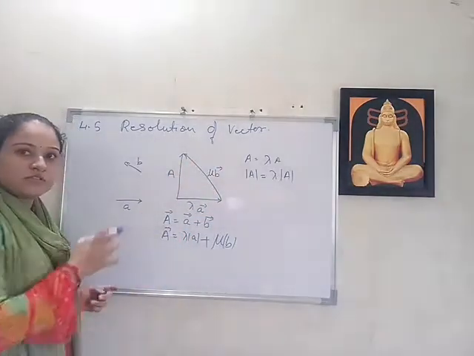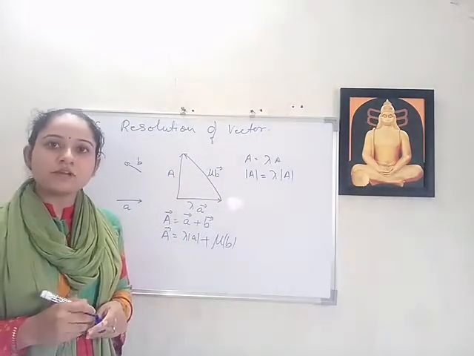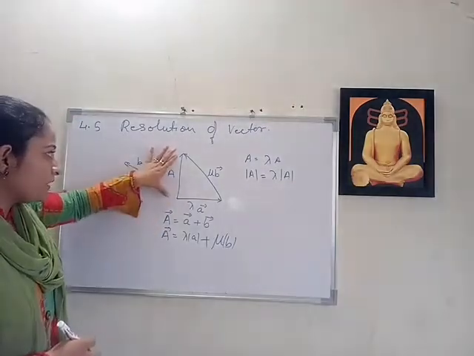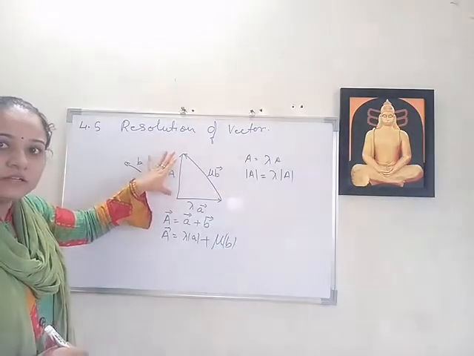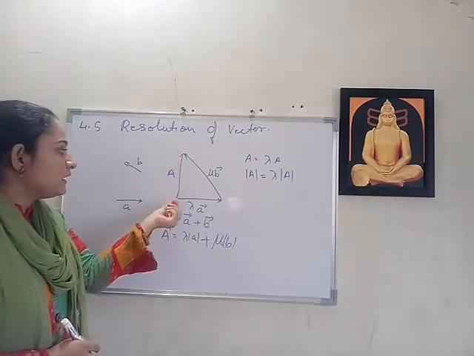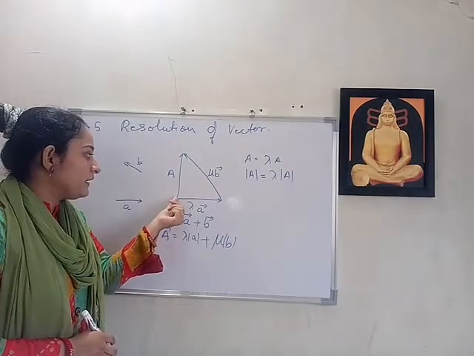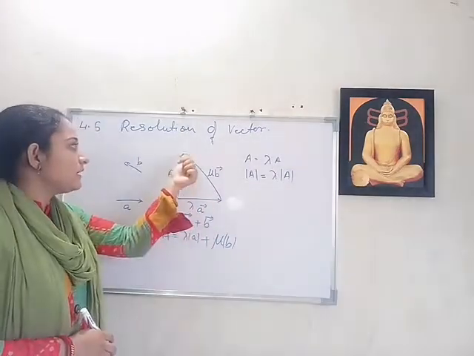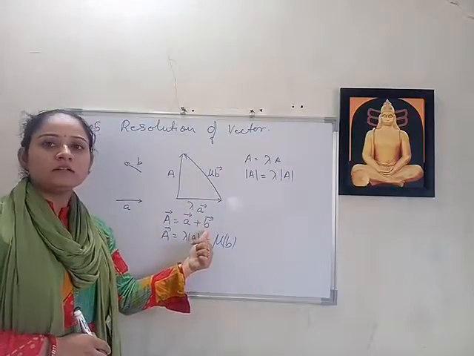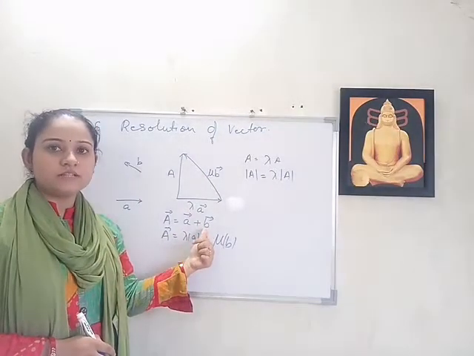Here, when we draw parallel to this A and multiply it with a real number, you have studied in the graphical method that when we need one resultant vector, from that direction, the tail part will be written first and the head part will be written next to it in addition.